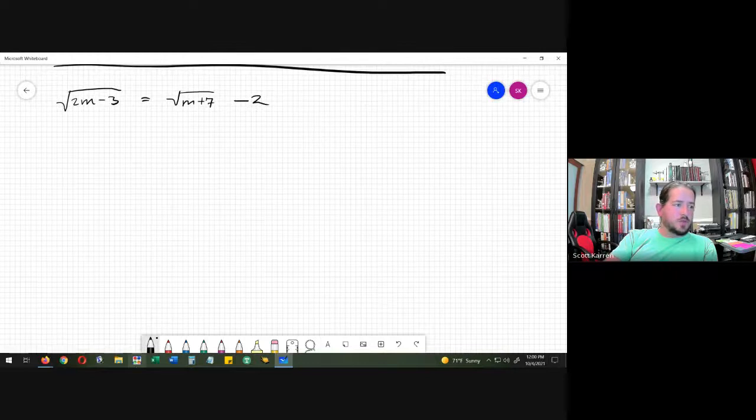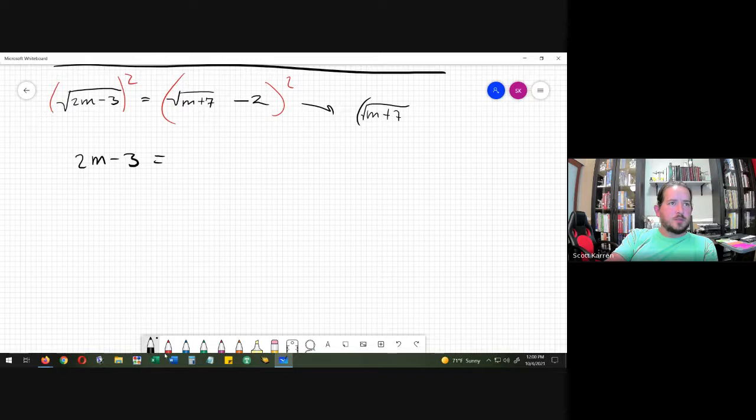I'm going to square both sides. So square that and square that. That gives me 2m minus 3 on the left-hand side. But over here, remember, this is a binomial, so squaring it means taking the root m plus 7 minus 2 and multiplying it by root m plus 7 minus 2.